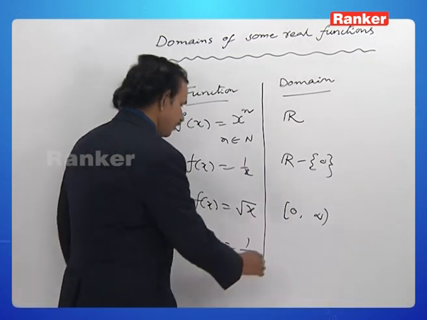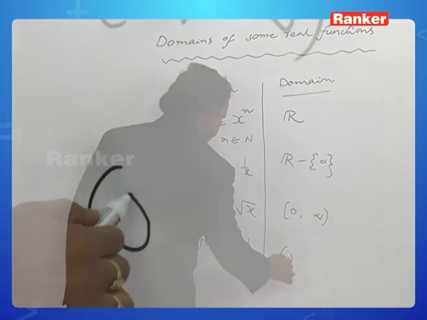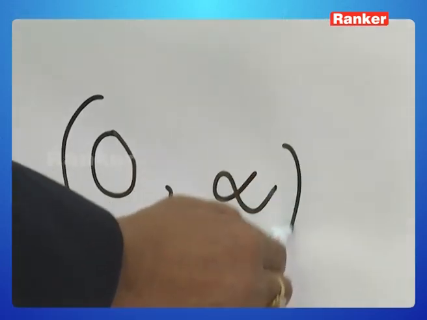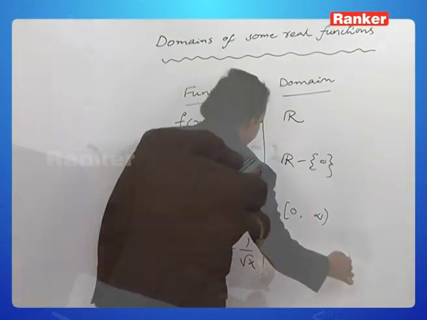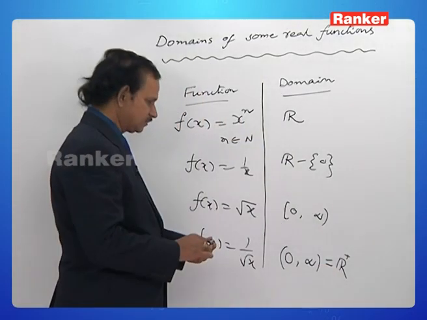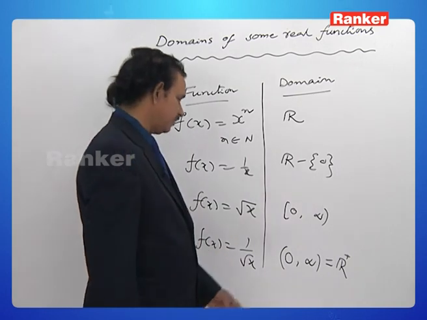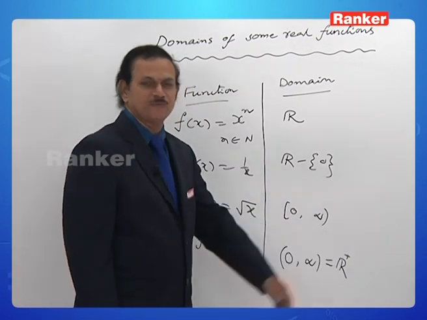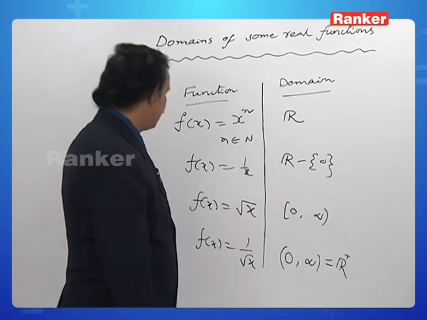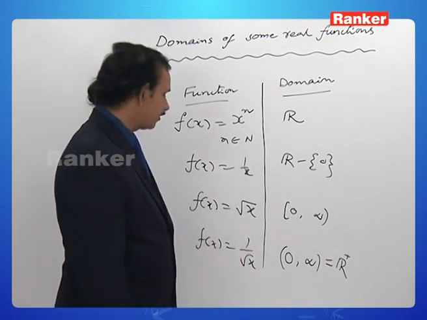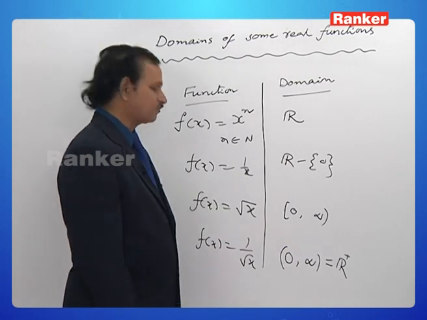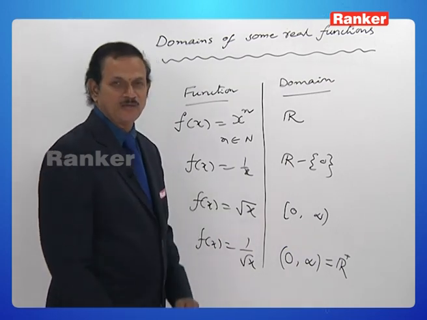Hence, we notice that the domain of this function is the open interval 0 to infinity, or this can also be represented as R plus, the set of all positive real numbers. Therefore, f of x equal to 1 by root x means the open interval 0 to infinity. f of x equal to root x means the closed interval 0 to infinity.